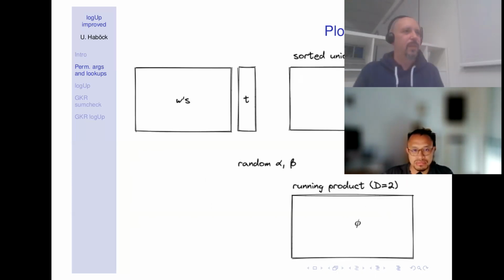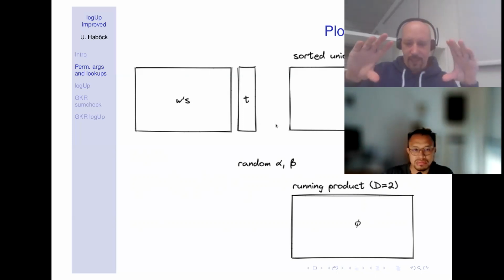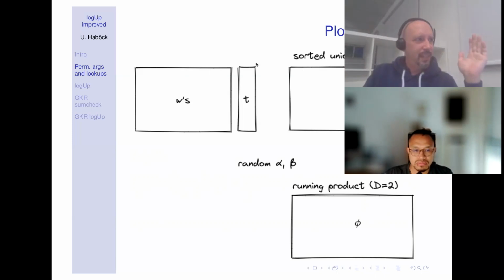Okay, so the big picture here is, we start with the witness columns, we have the table column, and we need to provide that integral for the differentials. That integral is as large as the union of the witnesses and the table.